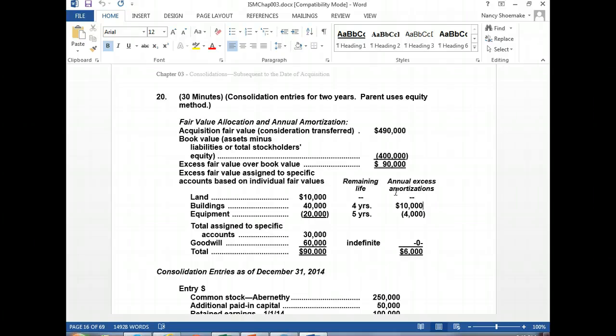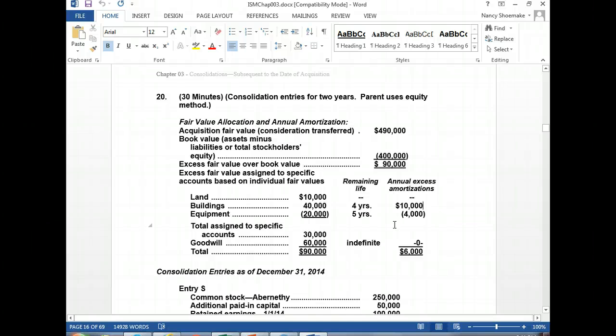Now the equipment was under, the fair value was less than the book value. So we have to show a minus $20,000 on the equipment and allocate a minus $4,000 each year. So it really ends up being $6,000 of amortization each year. The 10 minus the 4.